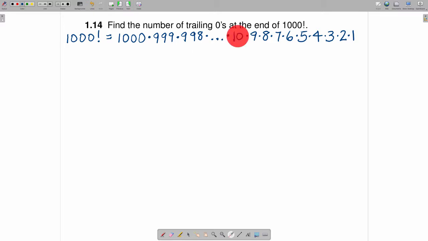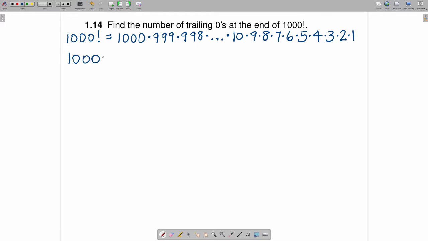And you go all the way down until you hit 10, and there's 1 more trailing zero. Well, the problem with that approach is there's other trailing zeros that sneak in. For example, here's 5 times 2. Well, 5 times 2 will also give you a trailing zero. So that approach doesn't work, but here's one that may not be the first thing that you think of.